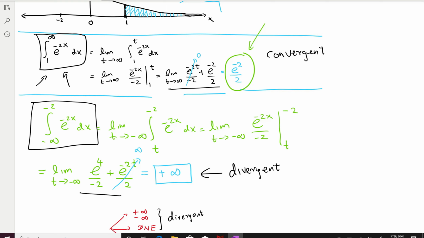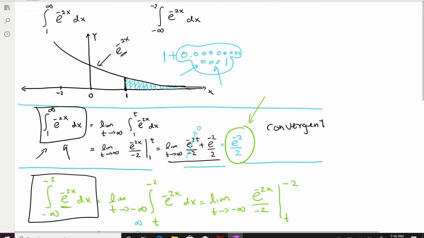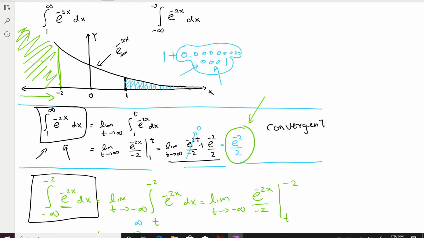So the divergent case means you are finding the area under the curve e to the negative 2x from negative infinity to negative 2. So that means you are finding the area in this region, from negative infinity to negative 2. Now you can see this region seems to be huge, right?